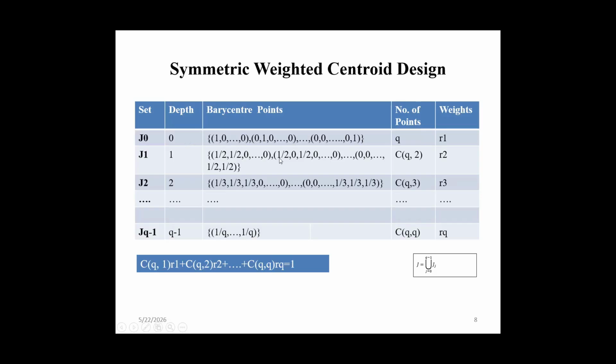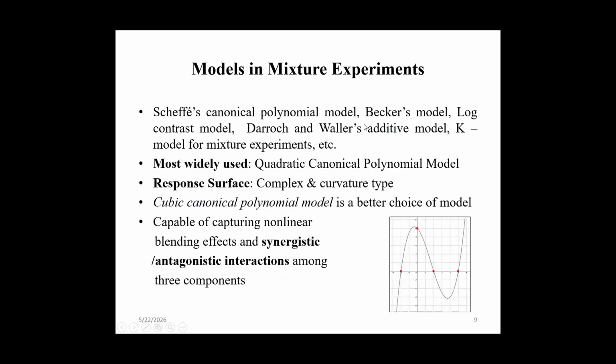Whenever two components are present, the depth would be 1. Here is a collection of different barycentre points and their weights. These are arbitrary numbers R1, R2, R3, up to Rq, and we make sure that the total weight is equal to 1. This is all about the symmetric weighted centroid design.